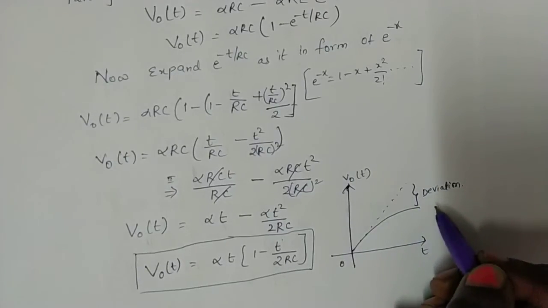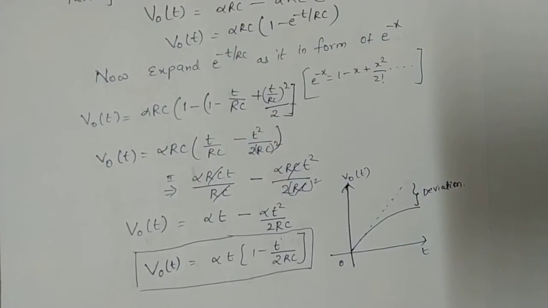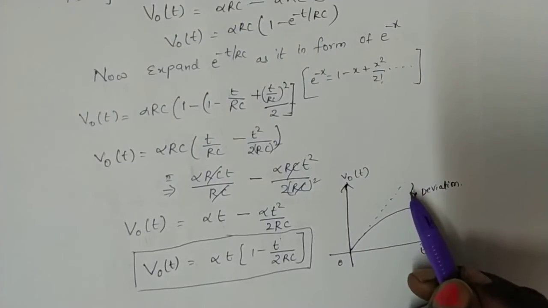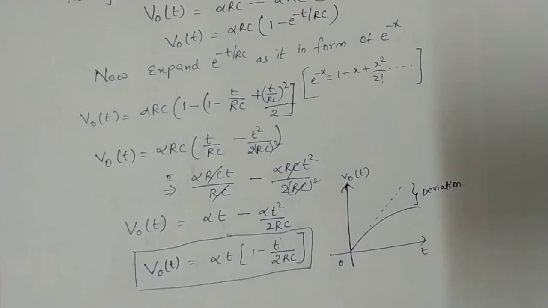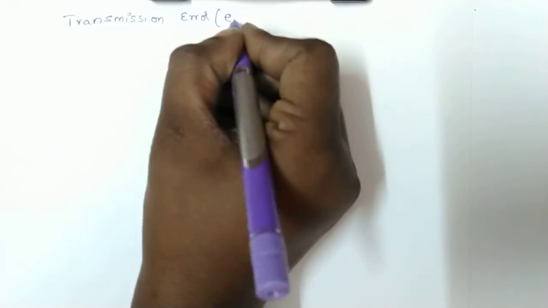This deviation we can calculate by using the transmission error. By using the transmission error we can find out how much the output signal deviates from the original input signal. The transmission error is represented as ET.